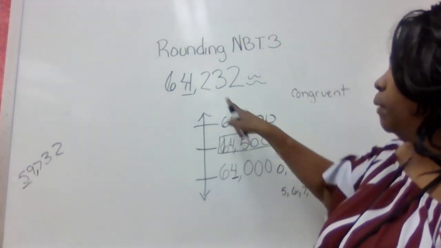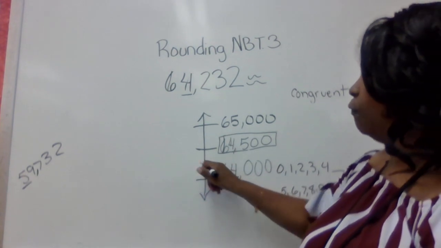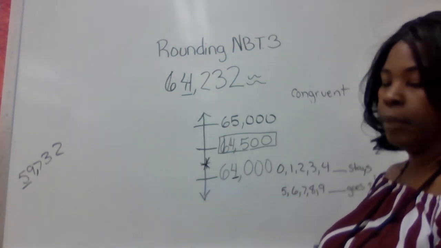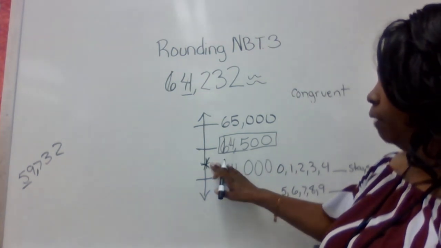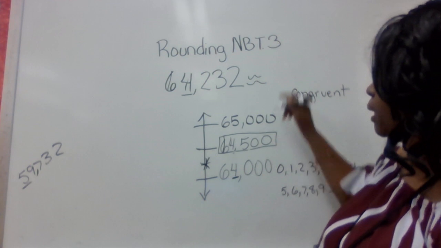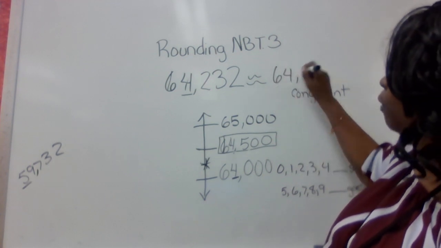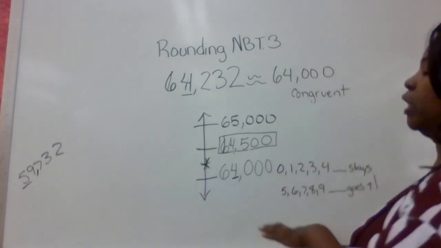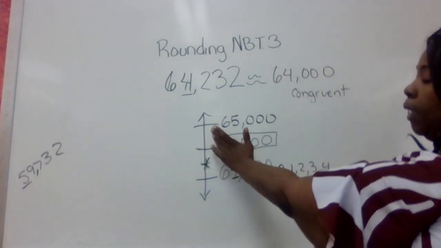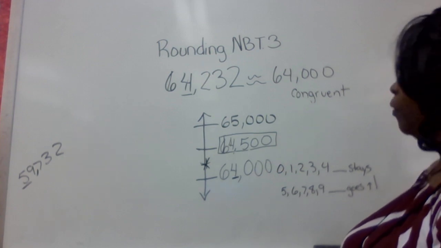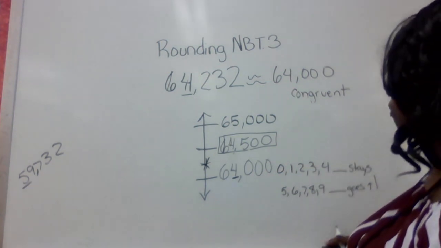Well, I know 5 is bigger than 2, so that means 64,232 is going to live somewhere underneath. So if it's underneath the halfway point, that means it's going to round to the baseline, which is 64,000. Okay? If by chance the number would have fallen above the halfway point, then it would have rounded to the top number. Okay? So that's one way they've been taught rounding.